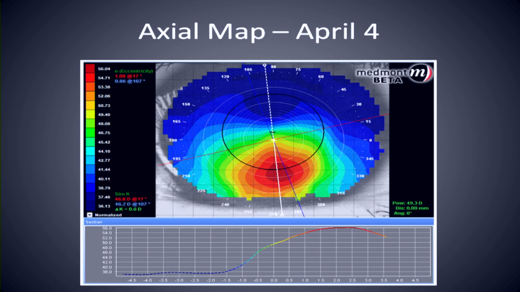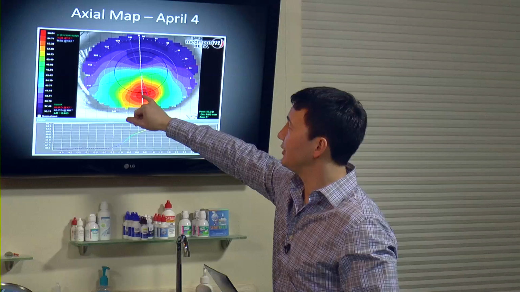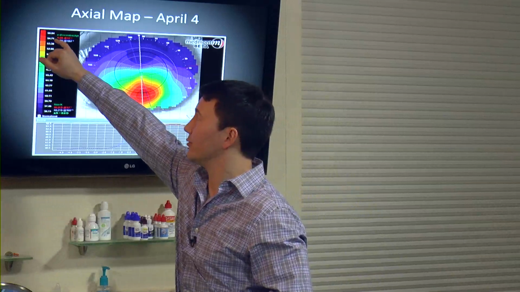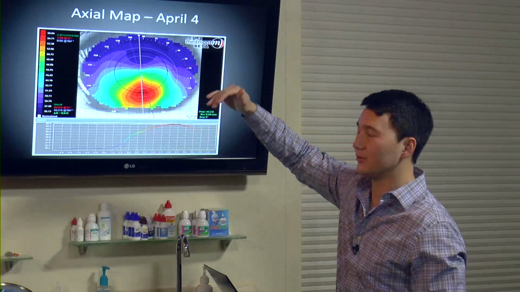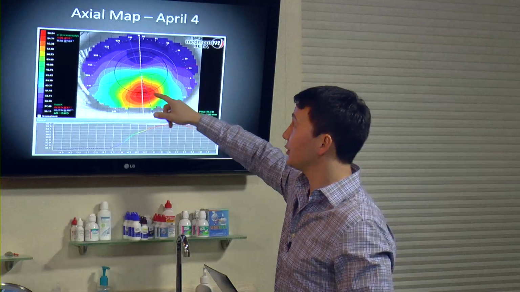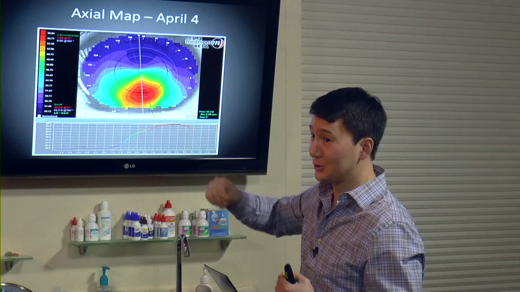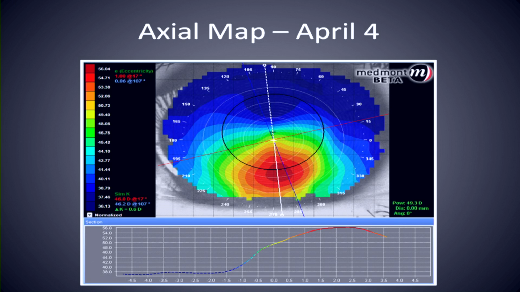So here's the patient refit into a larger diameter lens, and there's our axial map. We can see the distribution of power goes from 36 to 56 diopters. So we went from 36 to 58, now we're 36 to 56. We haven't changed much within the pupillary zone. It's a keratoconic patient, we're not expecting to change it, but the question is, is our GP altering the shape of the eye?